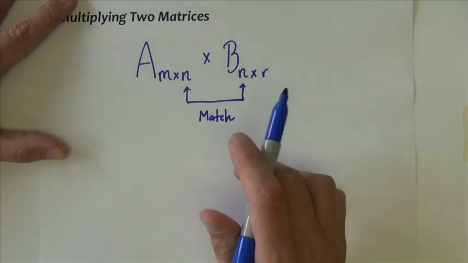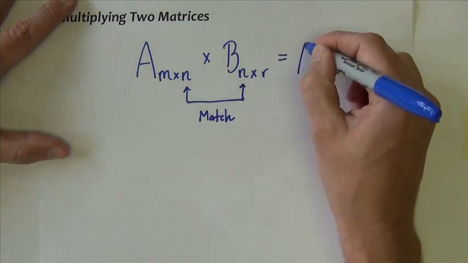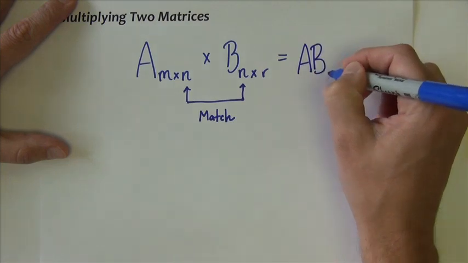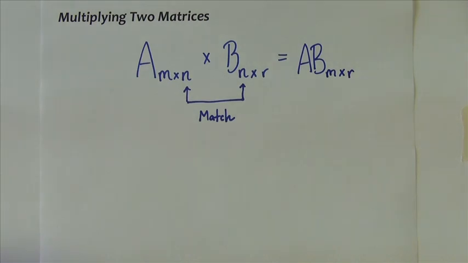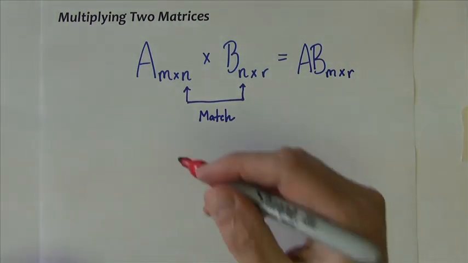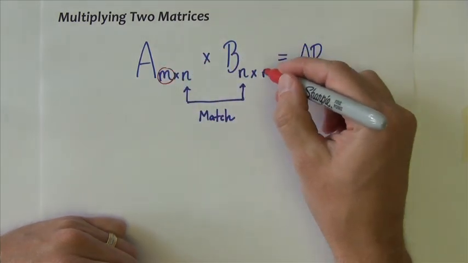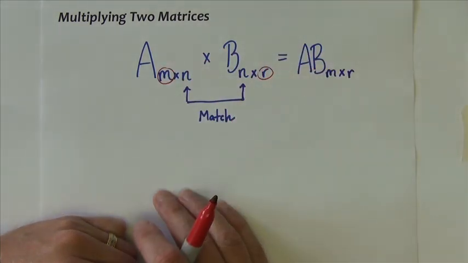It doesn't work. If we are allowed to do this, then matrix AB is going to have dimensions M by R. The result from multiplying is going to be the outer dimensions.